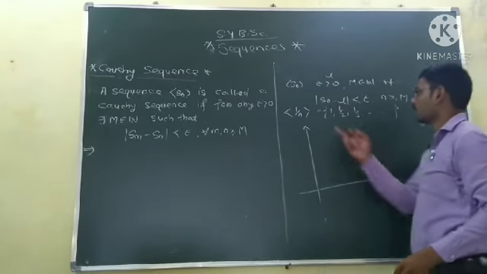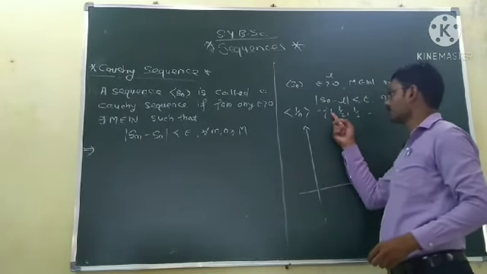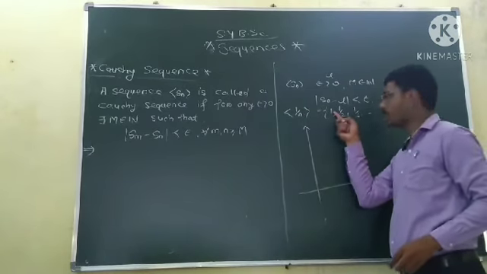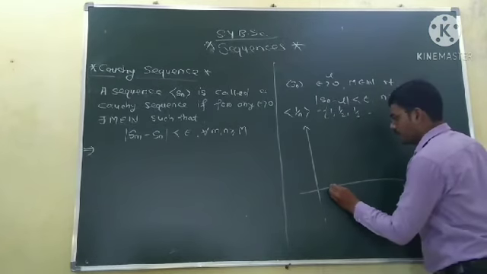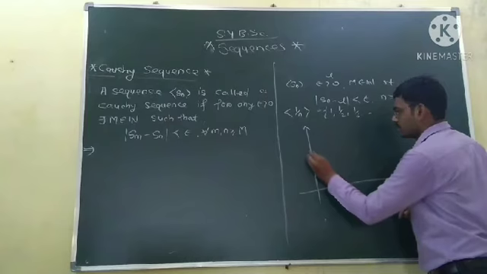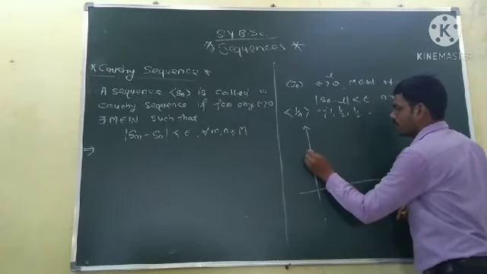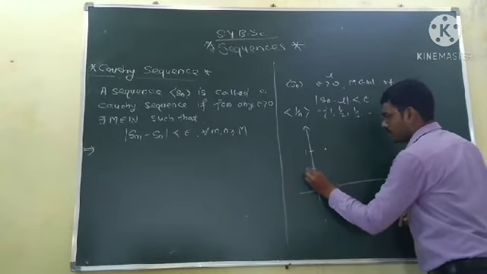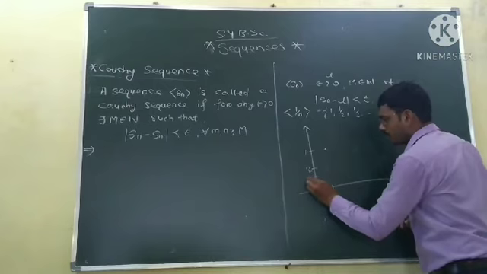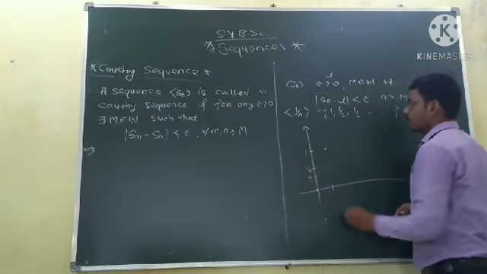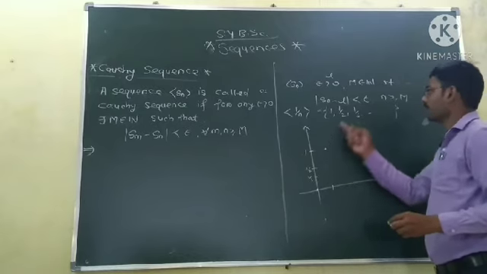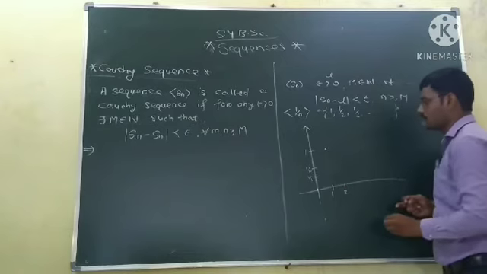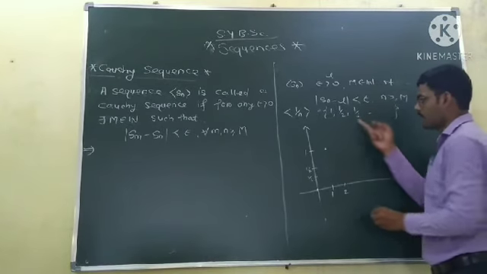Okay. So for n equal to 1, what is the value of the sequence? Whenever n is equal to 1, the value of the sequence is 1. So suppose here is the value 1. Okay. This will be half. So if you put n equal to 2, the value of the sequence will be 1 by 2, this point.